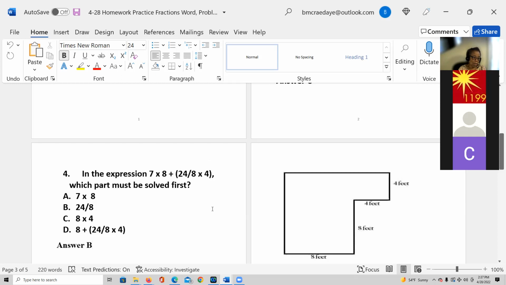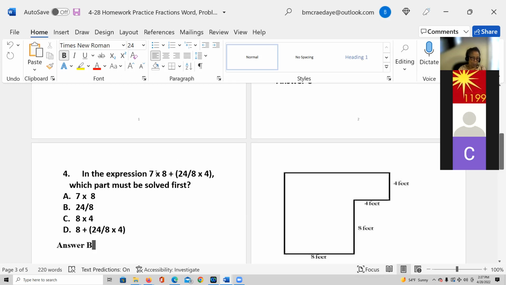Then what would you do next? Once you did the parentheses, Maureen, what would you do next? The multiplication. That's right. You do the multiplication, the 7 times 8, 56, and you add that to this result, which is what? 3 times 4 is 12.